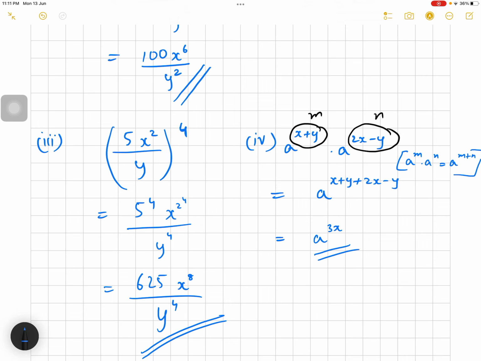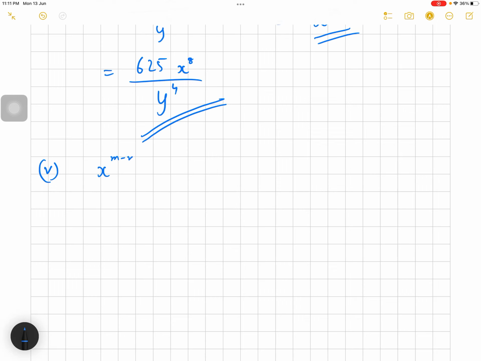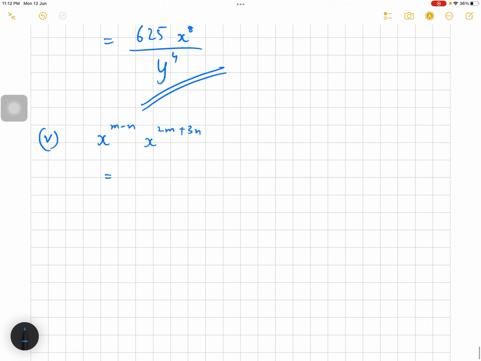Let's solve the next one. x raised to m minus n into x raised to 2m plus 3n. Okay.